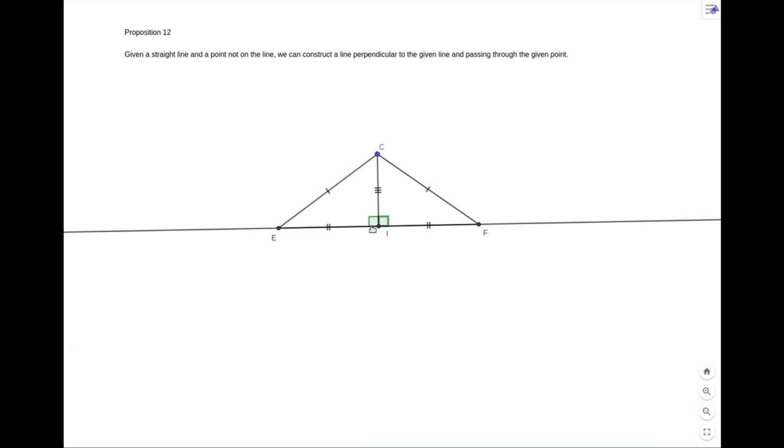So from this congruence of our triangles CEI and CIF, we have that our angles between sides 2 and 3 will also be congruent.